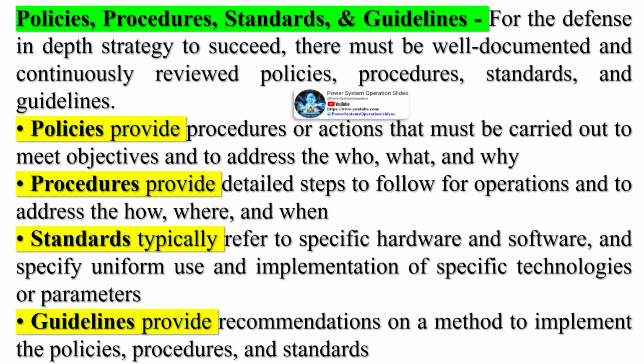Policies, procedures, standards, and guidelines. For the defense in-depth strategy to succeed, there must be well-documented and continuously reviewed policies, procedures, standards, and guidelines. Policies provide procedures or actions that must be carried out to meet objectives and to address the who, what, and why.